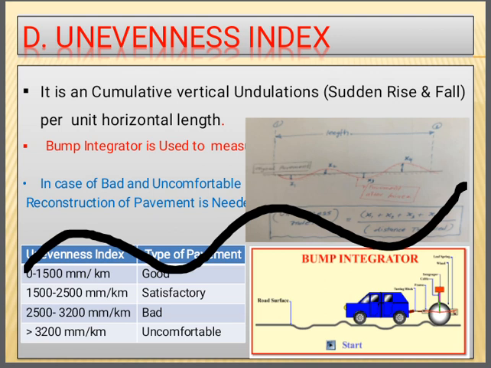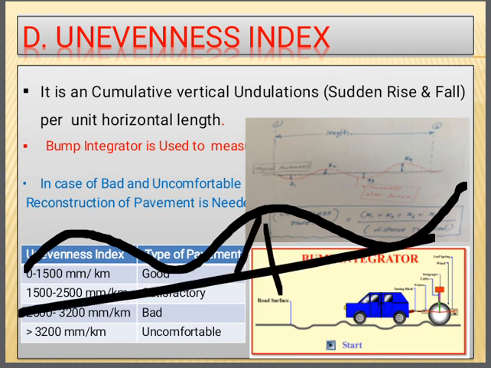This is called unevenness, and sometimes called corrugation. Over the surface, this is rise and this is fall. Such types of depressions are created over the road surface. This phenomenon is called unevenness.